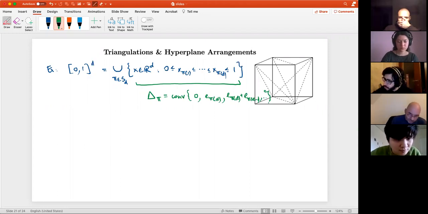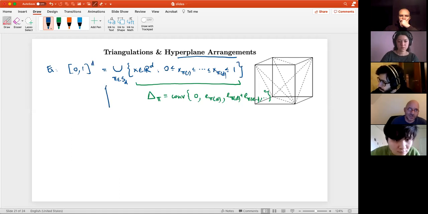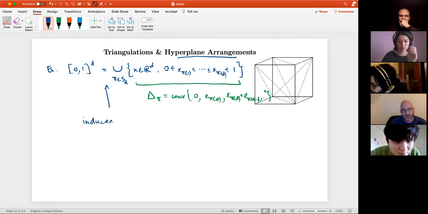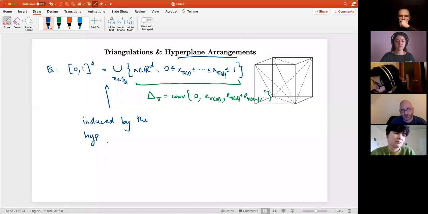And so this brings me to the other topic that I want to talk about. I can think of this triangulation as induced by a hyperplane arrangement. A hyperplane arrangement is just a fancy word for a finite set of hyperplanes.